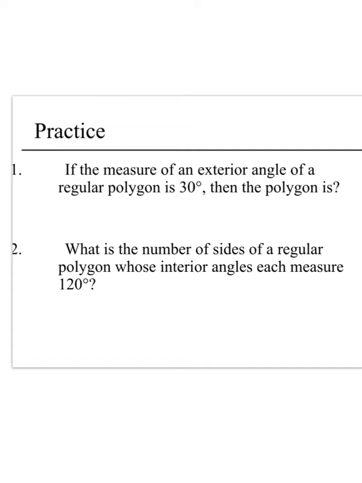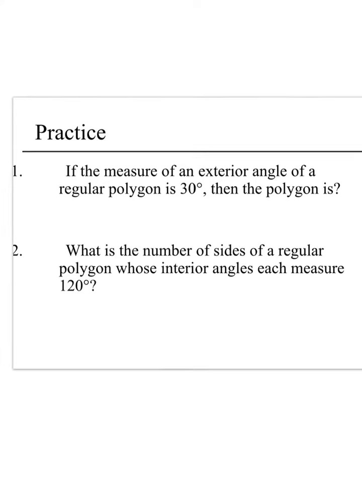So I'm going to set it up as though I didn't know what the angle measure is. So we are talking about one exterior angle. The formula is 360 divided by the number of sides, and we're going to set that equal to the angle measure. All we need to do is solve for n here. So I'm going to switch the 30 and the n.